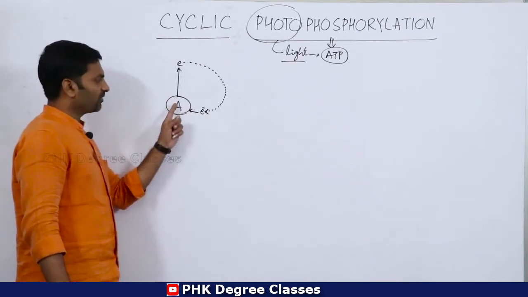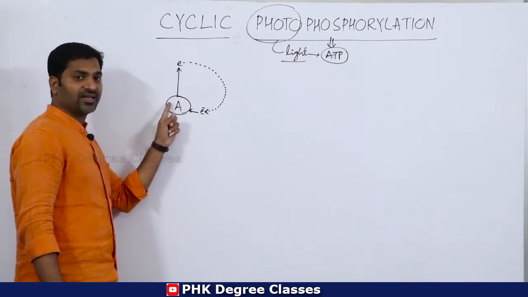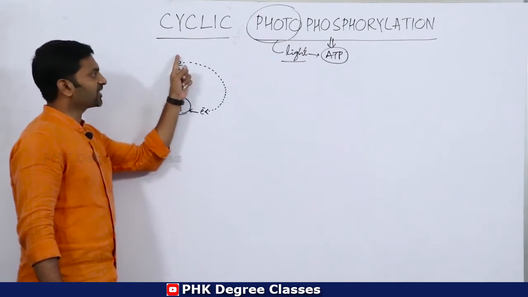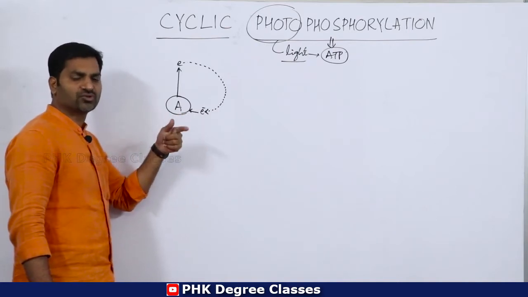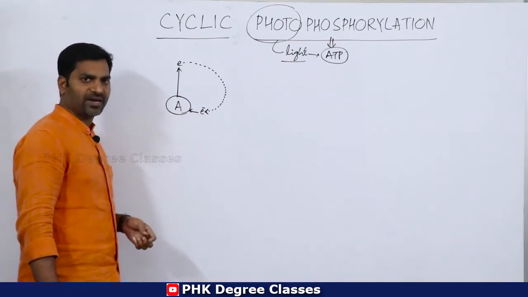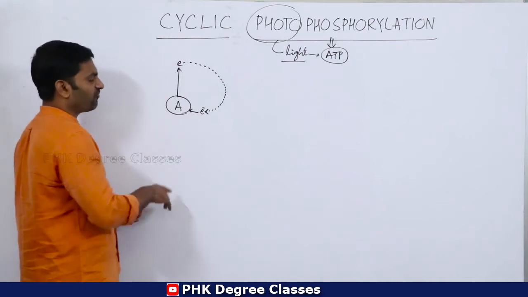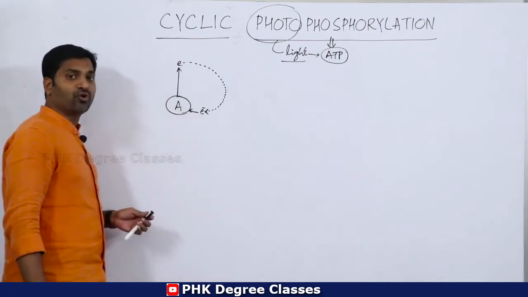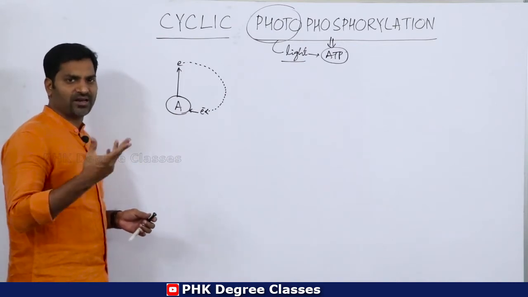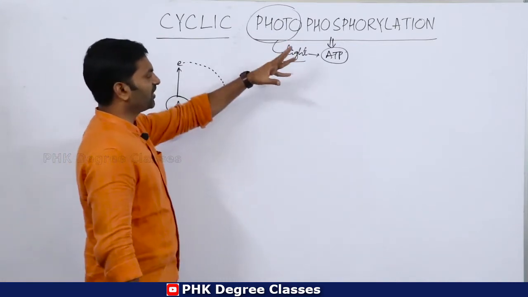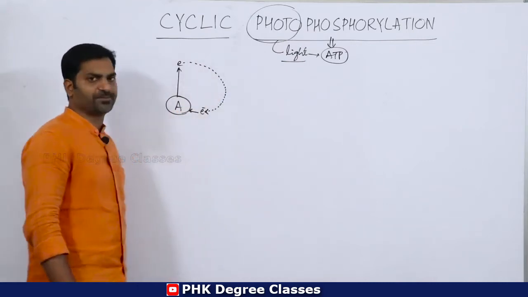Wherever the electron loss takes place, the electron can be substituted through different mechanisms. So this electron finally reaches the same complex, that is complex A. Hence it is cyclic. This kind of phosphorylation is called cyclic photophosphorylation.